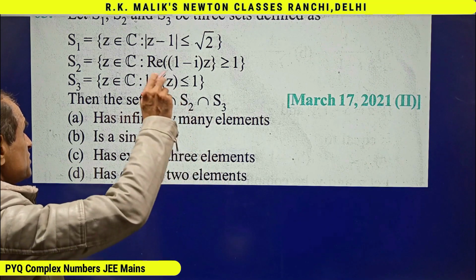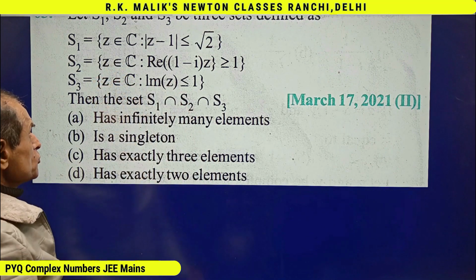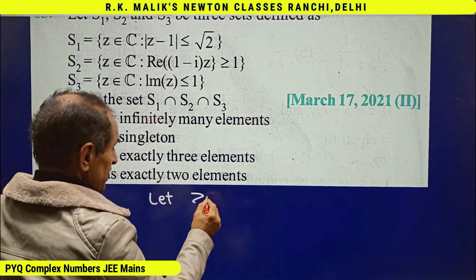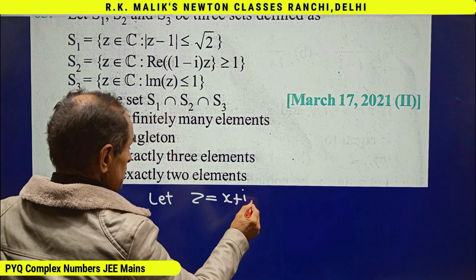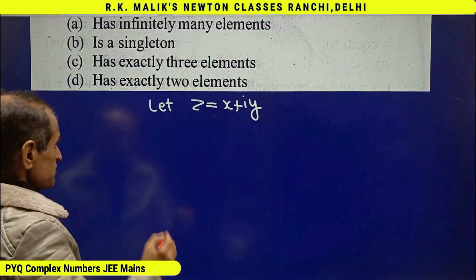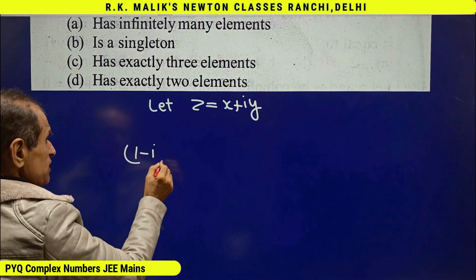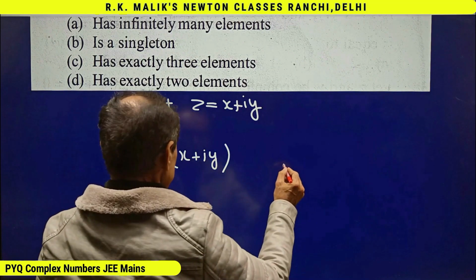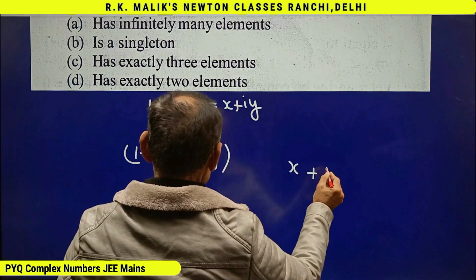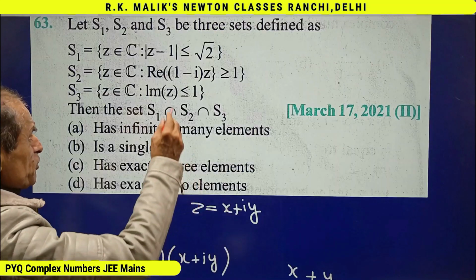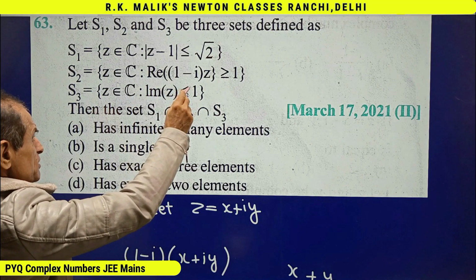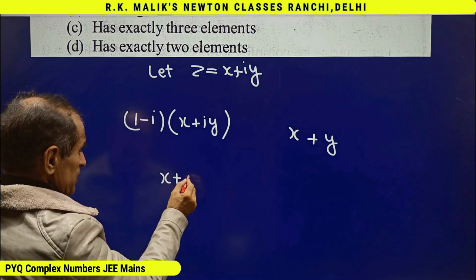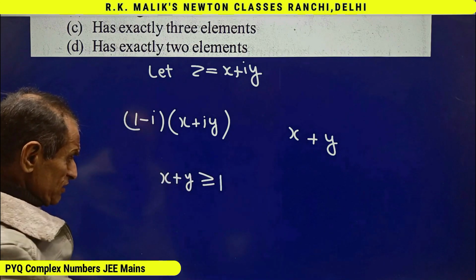To understand the set of all complex numbers belonging to the set S2, let Z is equal to x plus iy. Then 1 minus i into x plus iy has real part as x plus y, and because it is given that the real part of this is greater than or equal to 1, we conclude that x plus y should be greater than or equal to 1.